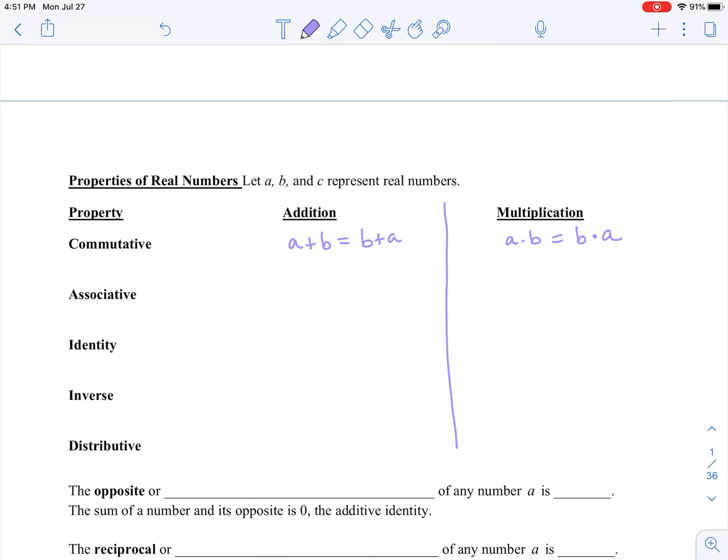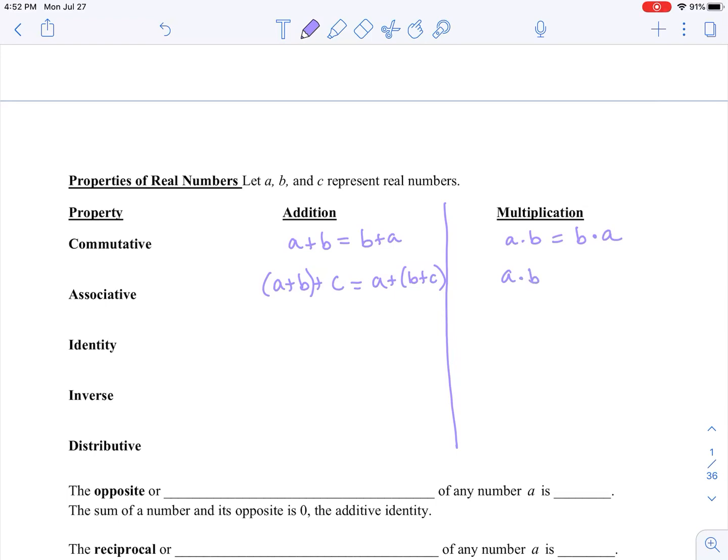Associative has the word associate in it. So with addition, if we have three numbers that we're adding together, a quantity of A plus B, plus C, well, associative says that if we remove the parentheses and reapply them to B plus C, the sum of the original one, where A plus B has parentheses around it, is equal to the second sum, where you have B plus C with the parentheses around it.